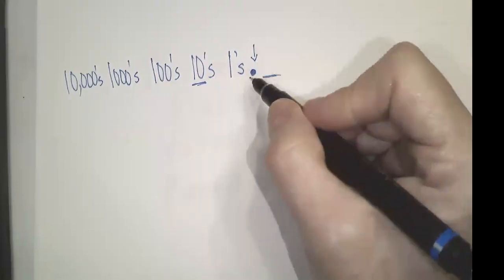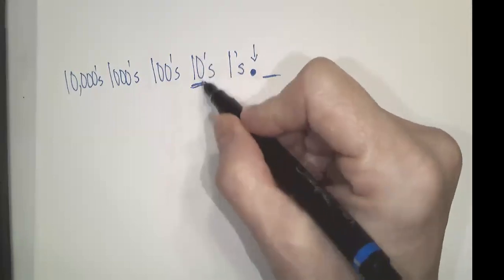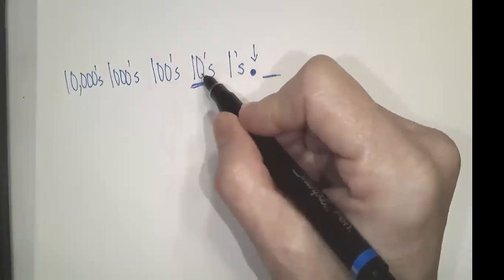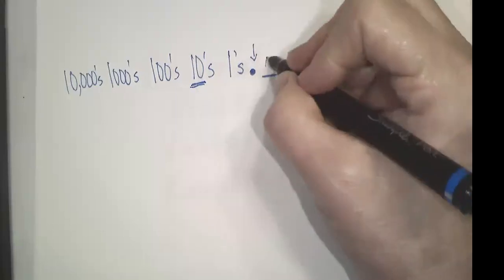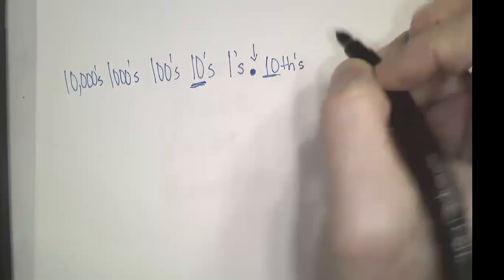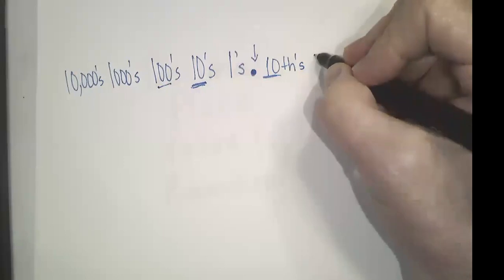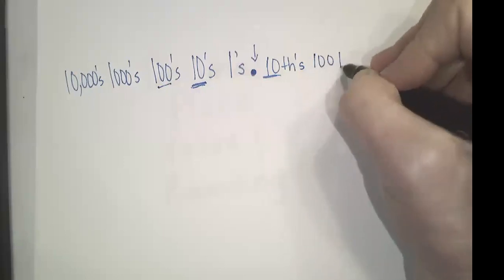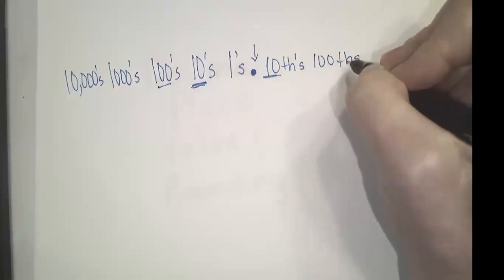And then I want you to know that just as you have placed the tens place on the left side of the ones place, on the right side of the ones place is the tenths place. And it continues to repeat itself on this side, except for instead of being the hundreds place, it's the hundredths place.